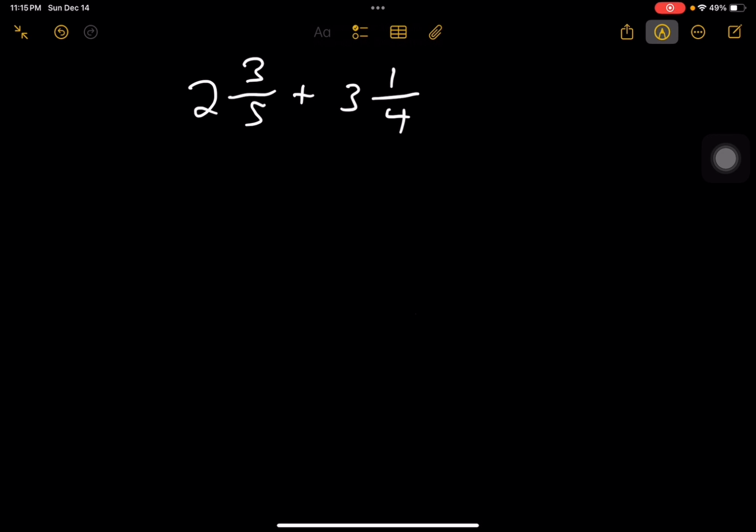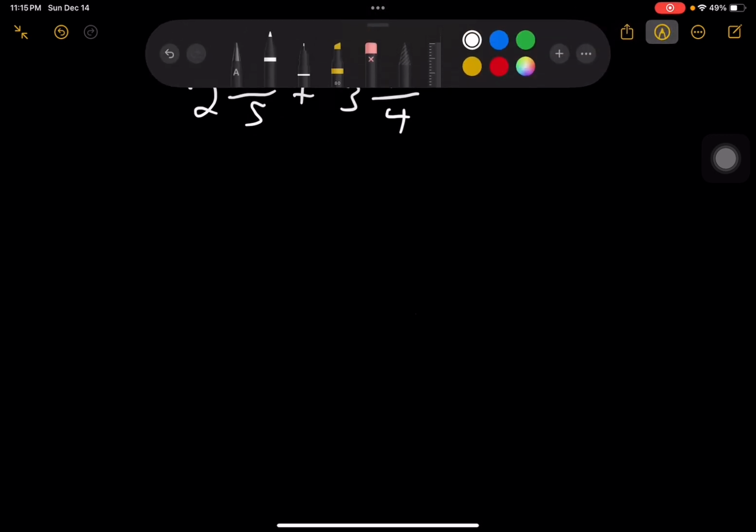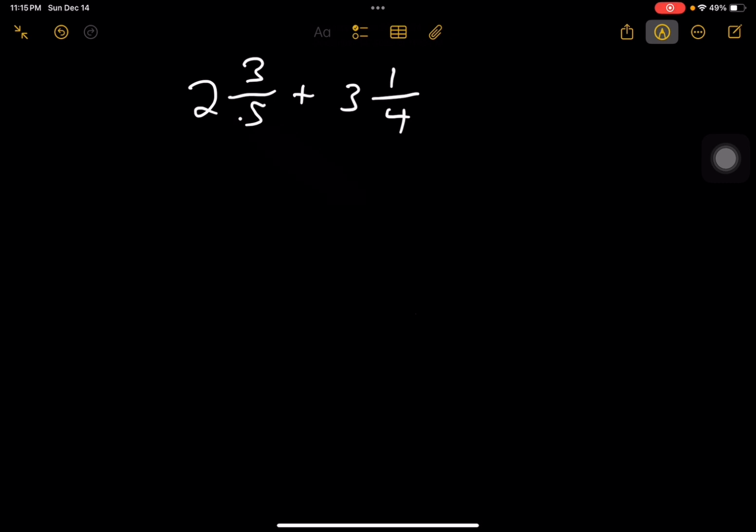So here I will give you a bonus tip. A bonus tip for solving mixed numbers is that we can convert each mixed number into an improper fraction. So in order to do this, we will do 2 times 5, which gives us 10.